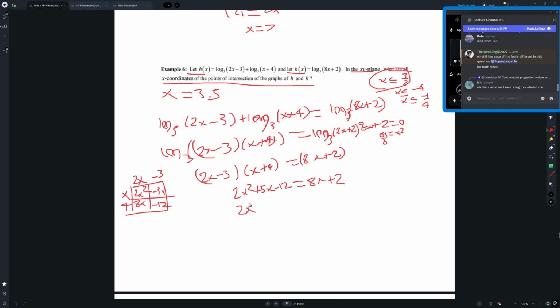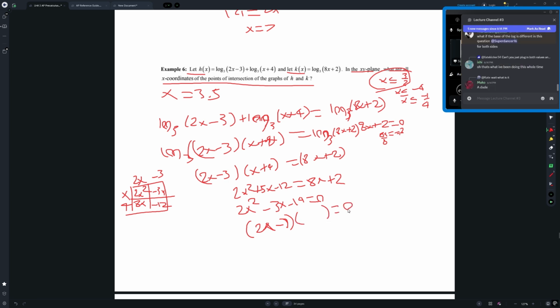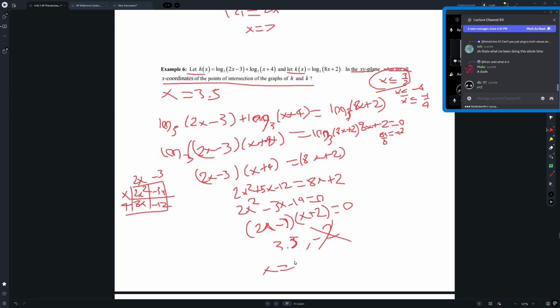You'd eventually factor this into 2x minus 7, which gives 3.5, and x plus 2. That gives negative 2, which is outside the domain restriction, so we cancel that out, and x is equal to 3.5 is our only solution.